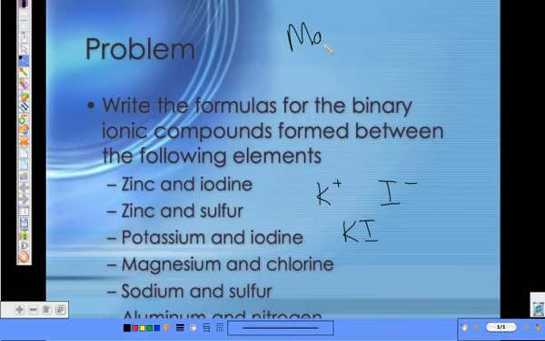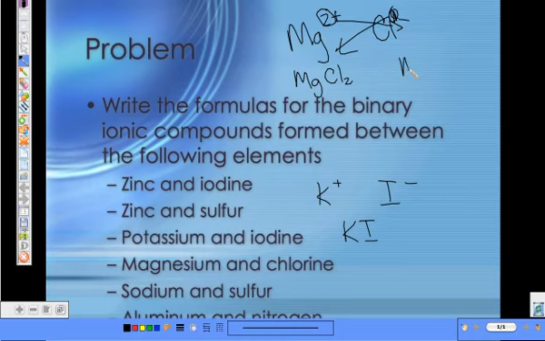Magnesium has what charge? A 2 plus, and chlorine, -1. So how many chlorines do we need to balance out the magnesium? 2, so we would have MgCl2. Or again, if you just cross over the charge, this is a 1, we would still have MgCl2.